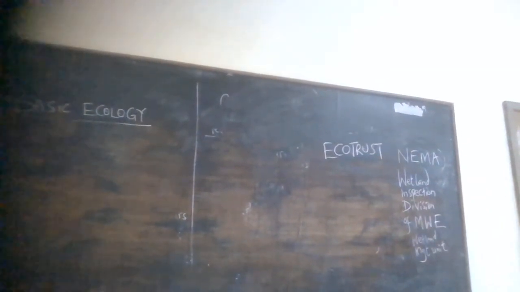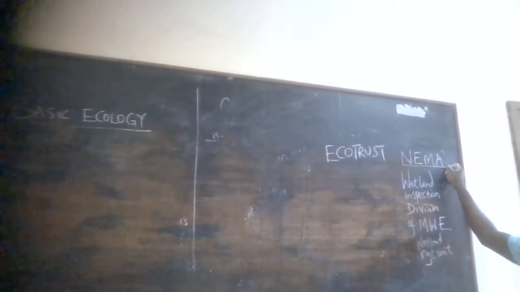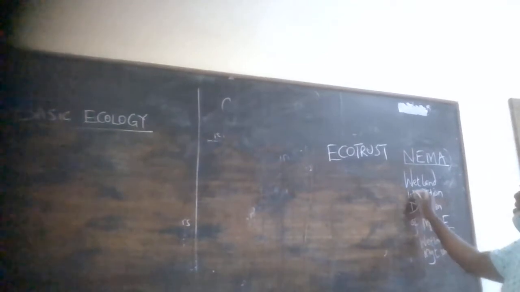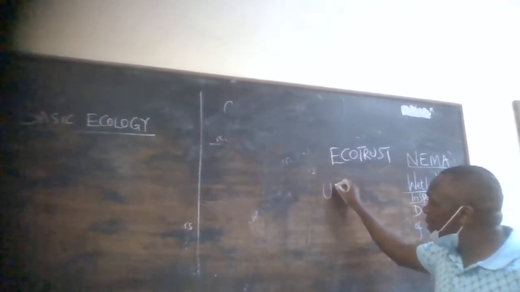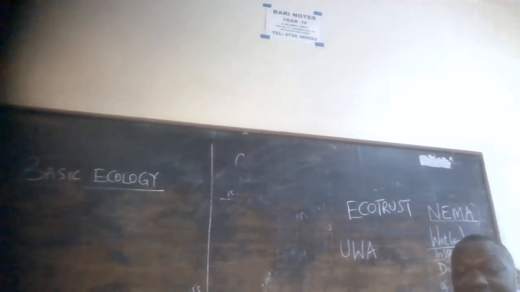Another potential employer of an ecologist could be, but this is governmental, right? We call it a parastatal. Are we there? Even this one is a governmental body. But there is what you call the Uganda Wildlife Authority. Uganda Wildlife Authority is also a parastatal.